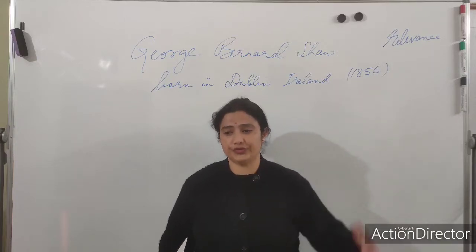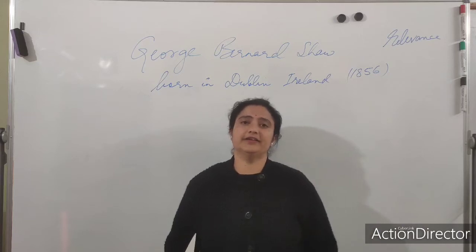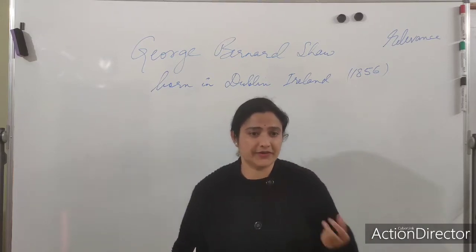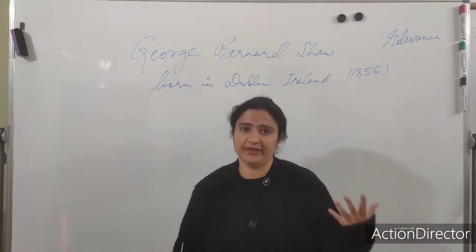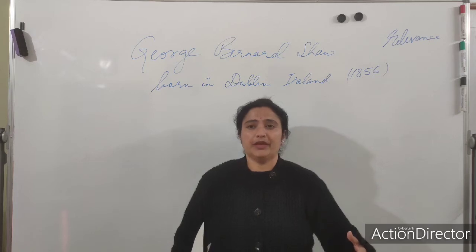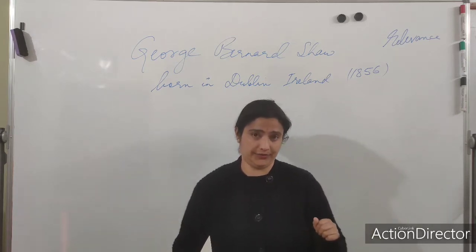So he too moved to London, and he stayed there with his mother, right? From there he started writing pamphlets and essays, and slowly and steadily he came to be recognized as a critic, right?